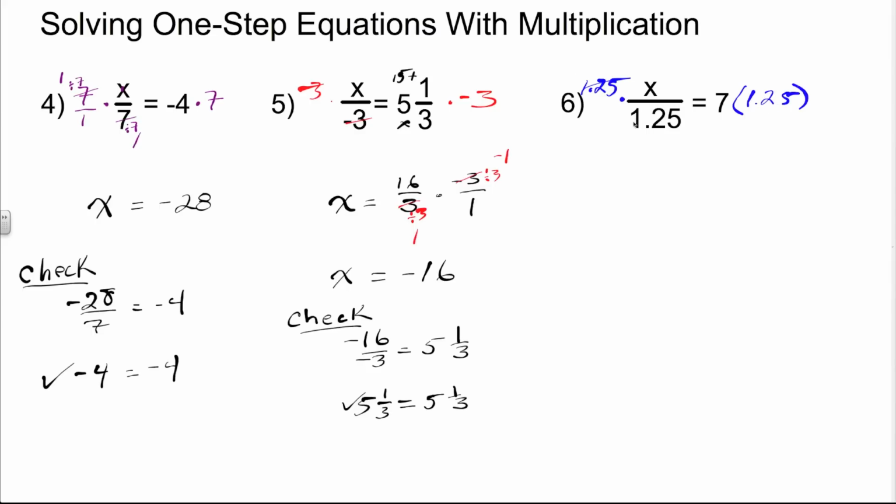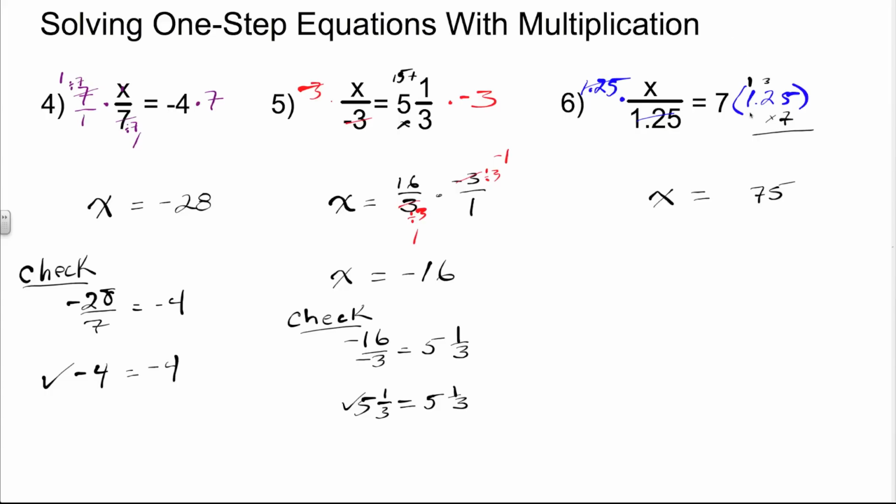The 1.25s on the left-hand side cancel out, leaving us our goal, x, the variable now isolated. On this side, we have to multiply 7 times 1.25, so I can do that work right here. 7 times 5 is 35, carry the 3. 7 times 2 is 14, plus 3 is 17, carry the 1.